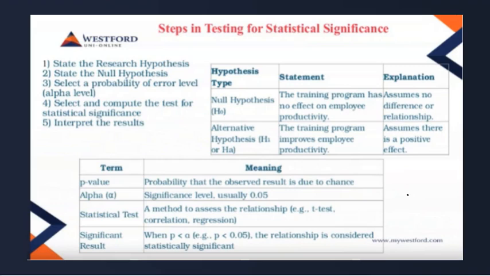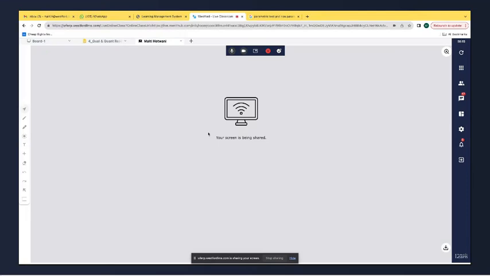If my value would have been more than 0.05, the relationship would have been statistically not significant. But here my output is less than 0.05.